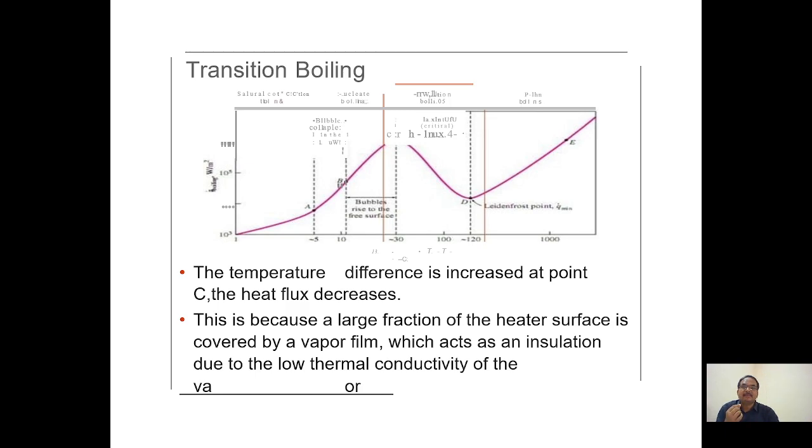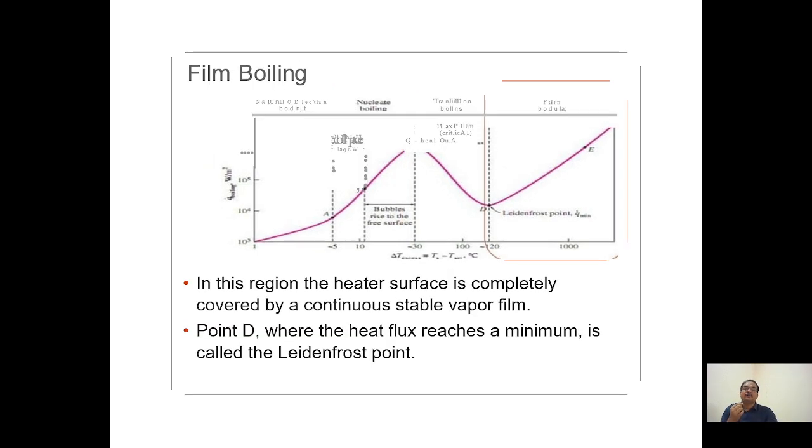Next is the transition boiling process. In this process, the temperature difference is increased beyond point C, and the heat flux then decreases. This is because a large fraction of the heater surface is covered by a vapor film, which acts as an insulation due to its low thermal conductivity. Coming to the next one, film boiling.